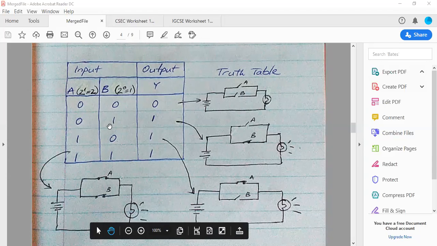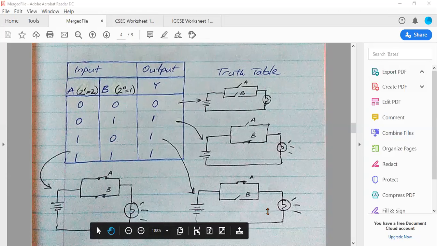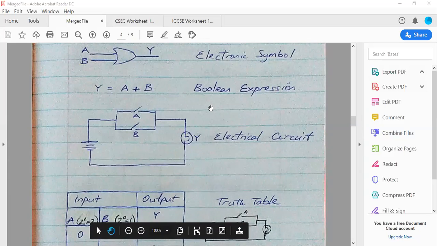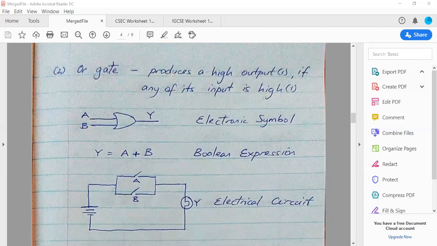Let me go with 0 and 1. 0 plus 1 equals 1. It's the same thing. So again, as I was saying earlier, for the OR gate, your output is going to be high if any of its inputs is high.